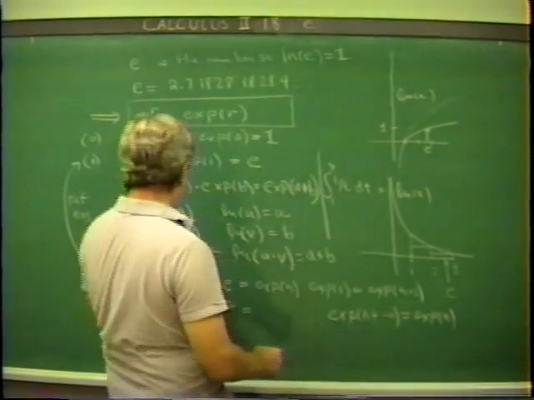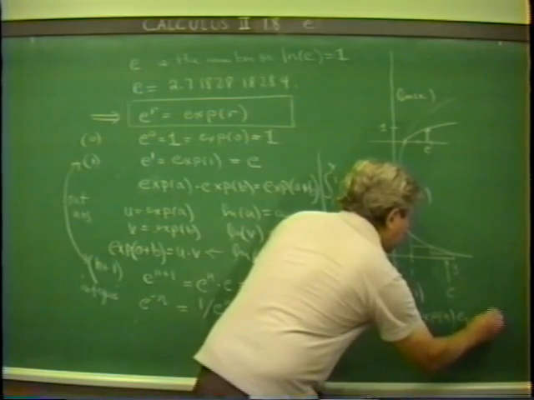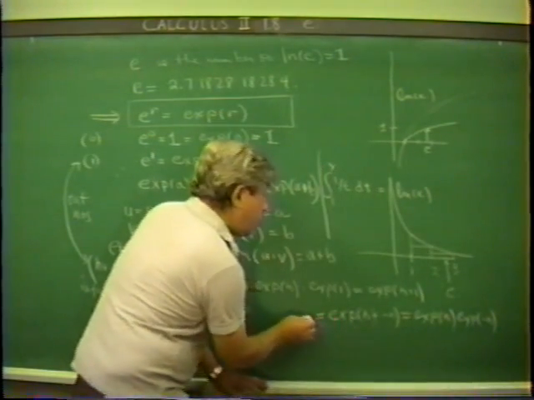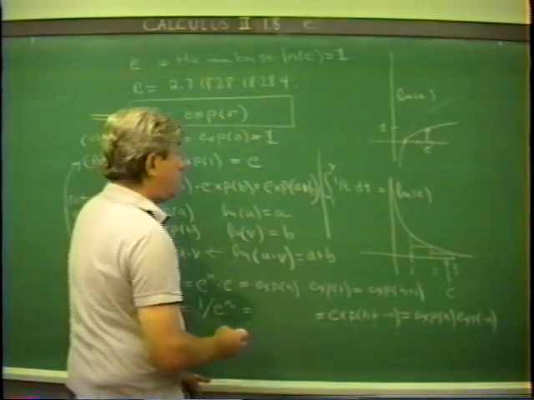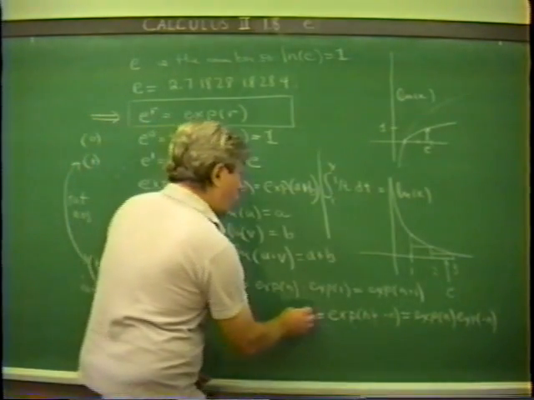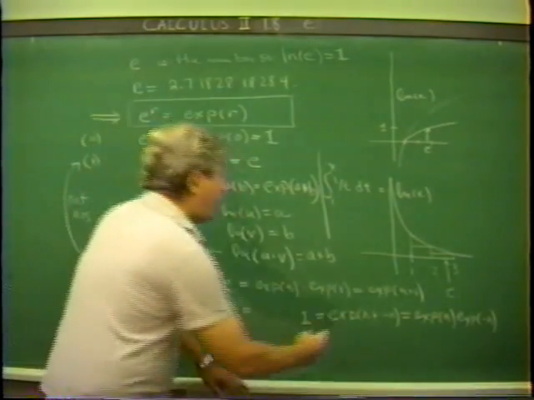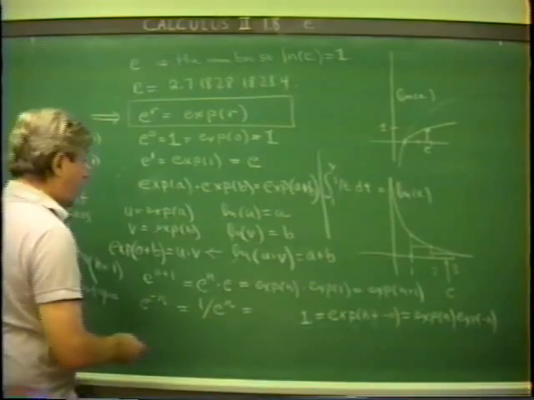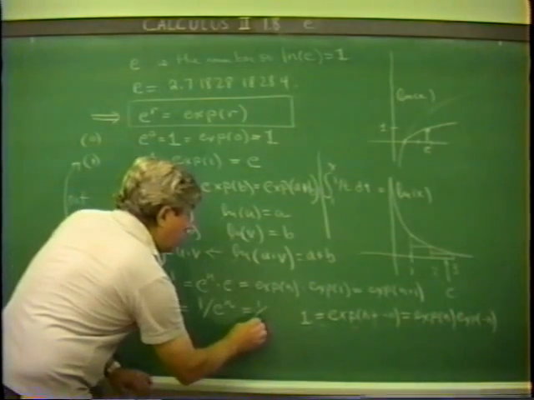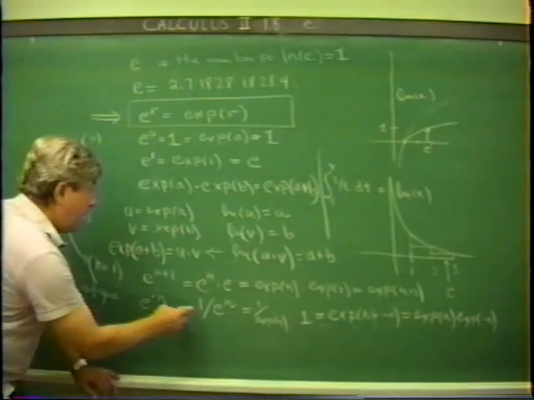This we know is equal to exponent of n times exponent of minus n, which we also know is equal to exponent of 0, which is 1. So we have from this that exponent of minus n is 1 over exponent of n.